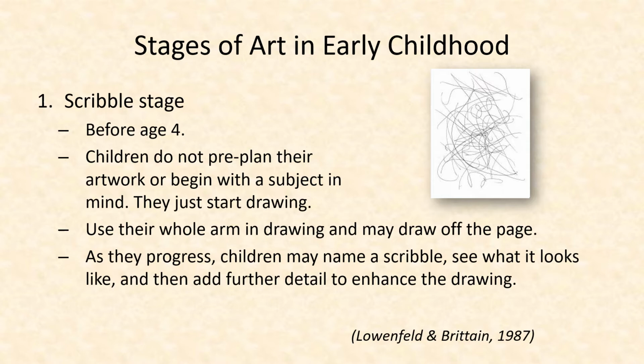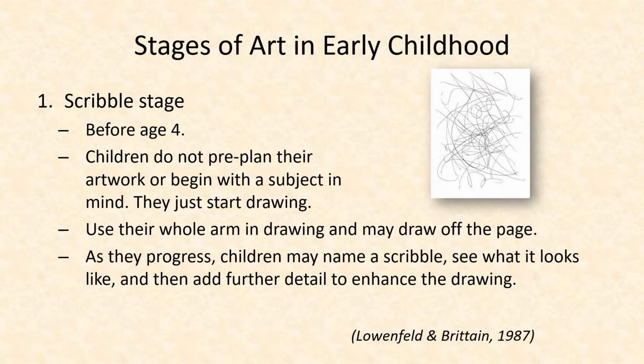When they draw before the age of 4, the children do not really do any planning in advance. There's no thinking about what they're going to do or how they're going to attempt it or try to fit it on the page even. They just start drawing. In fact, in many cases, they use their entire arm in drawing. Because they're using their entire arm, they tend to draw off the page.